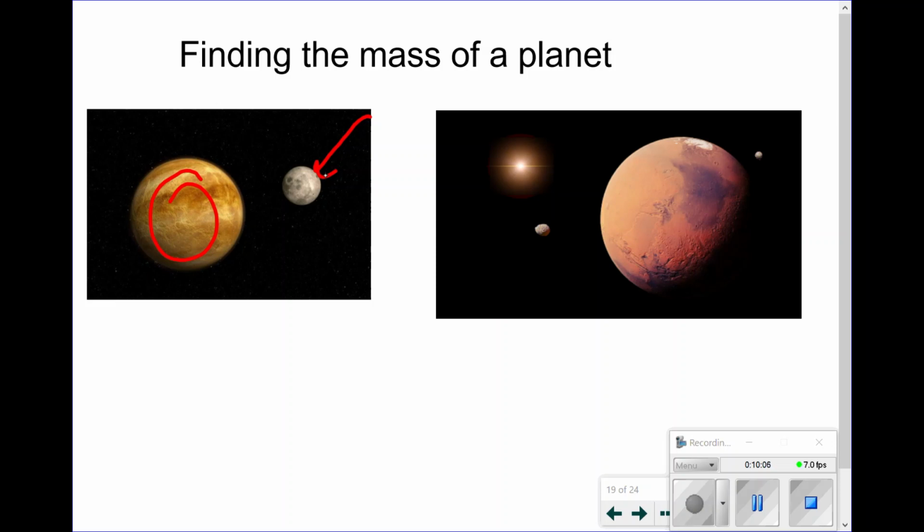This also means long ago we were able to figure out the mass of planets, but we couldn't find the mass of the moons. It wasn't until we started sending out satellites to orbit the moons that we could actually find the mass of the moons, because I have to see how you affect something in terms of causing a gravitational acceleration on them to find your mass, because again, your mass does not affect your acceleration in free fall.